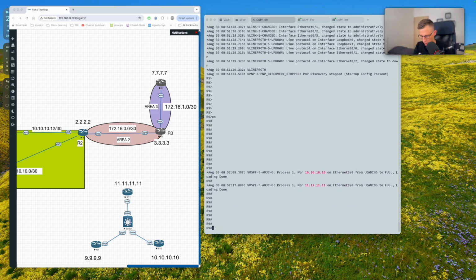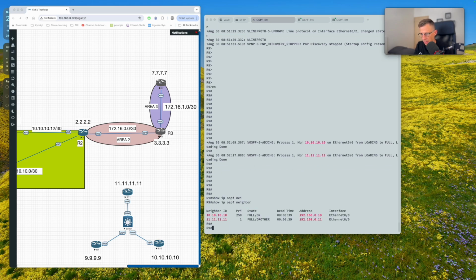So we are on router 9. Do show ip ospf neighbor. And as I was expecting, router number 10 with router ID 10.10.10.10 has a priority of 250 and has become the DR. The next highest router ID is router 11 and it became the other.